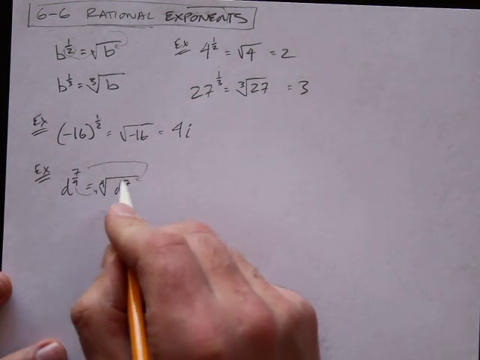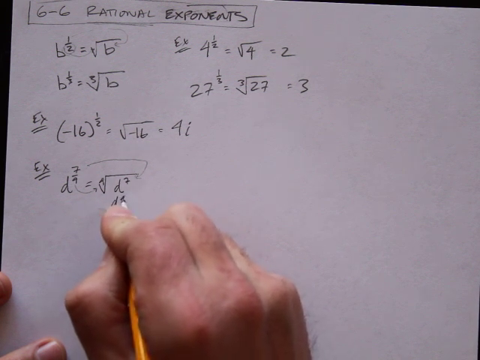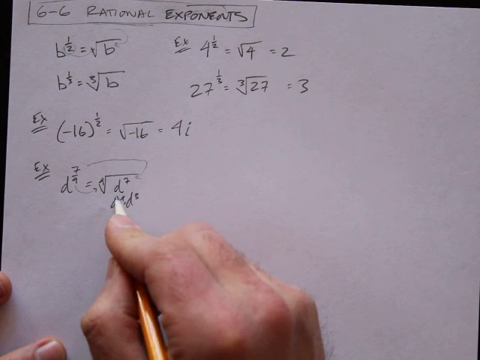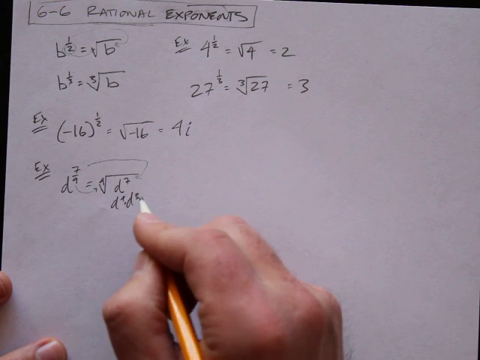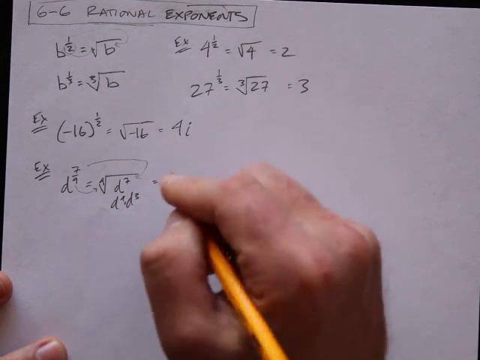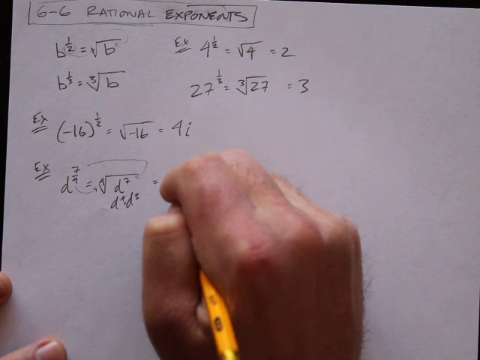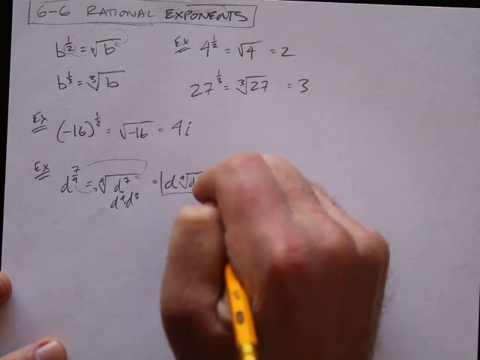Now, if I'm going to continue to try to simplify this, this is d to the 4th times d to the 3rd. So I can take this d to the 4th out. The 4th root of d to the 4th is d, and I'm left with d to the 3rd inside. So I've got d times the 4th root of d to the 3rd.